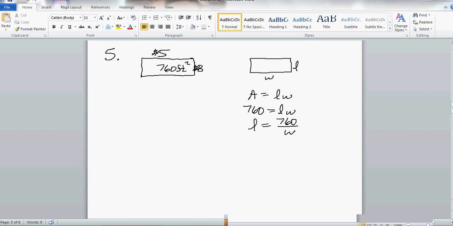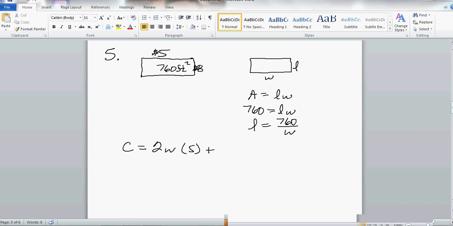Now, we are trying to minimize the cost. So what we need to do is come up with what would the cost function be. Well, the cost would be 2 of these, two W's, since that's what I'm showing right here. 2 W's, but they cost $5 a foot.